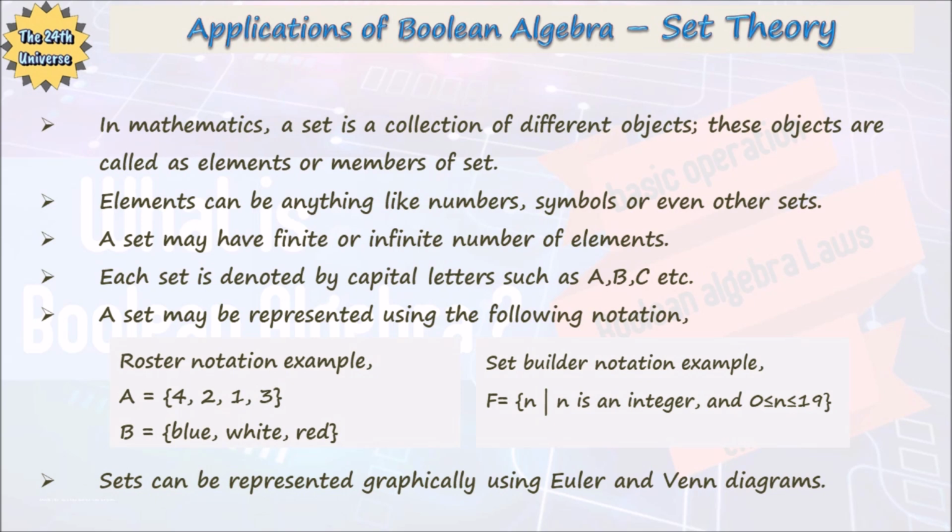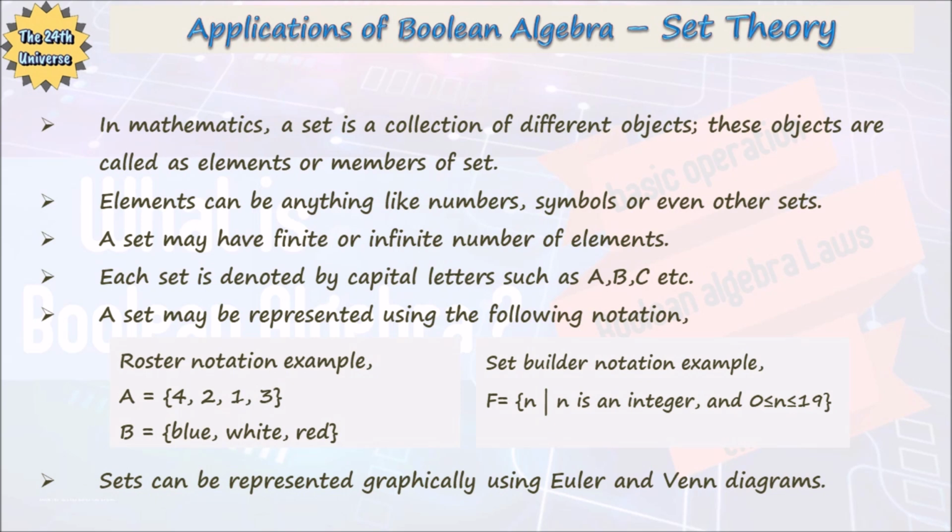Set builder notation specifies a set as a selection from a larger set determined by a condition on the elements. Example, this is read as F is the set of all numbers n such that n is an integer in the range from 0 to 19 inclusive.